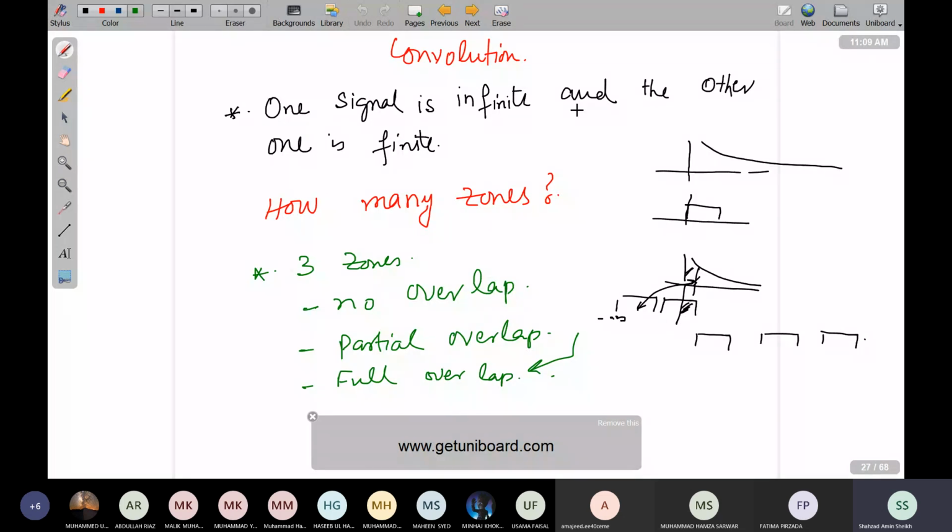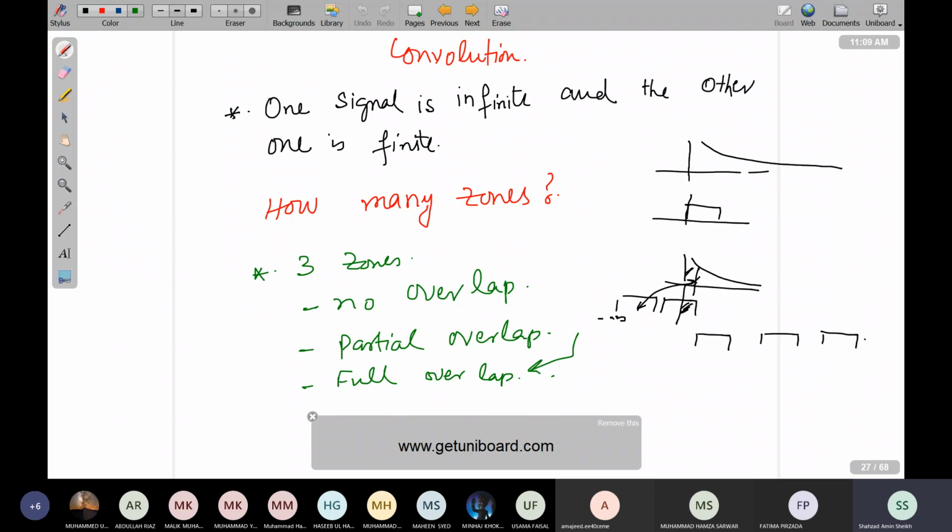Convolution where one signal is infinite and the other signal is finite. To answer how many zones there are in the convolution result, you have to keep in mind that there will be 3 zones. You kept the infinite signal as it is, and you flipped the other signal, brought it to minus infinity, and then started dragging it.